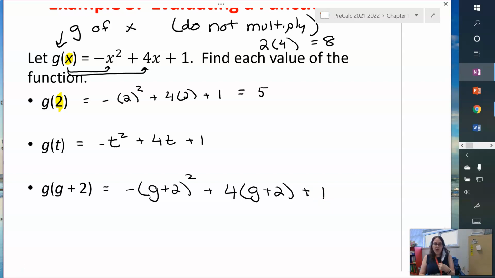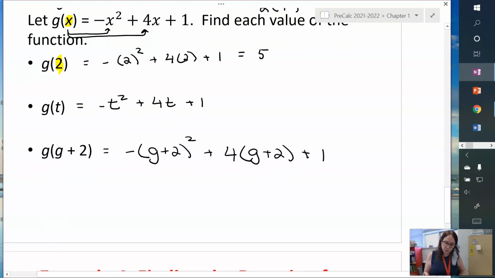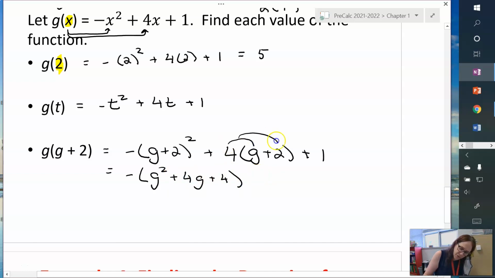I can go ahead and square the g plus 2. I can distribute the 4. So I'm going to get a negative g squared plus 4g plus 4. And then I'm going to distribute this 4, so I get a 4g plus 8 plus 1. Don't forget to distribute this negative.